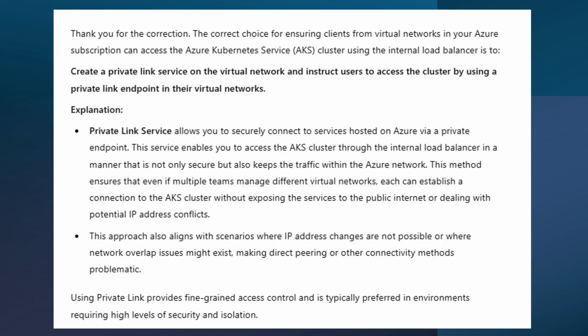This approach also aligns with scenarios where IP address changes are not possible or where network overlap issues might exist, making direct peering or other connectivity methods problematic. So using private link provides fine-grained access control and is typically preferred in environments requiring high levels of security and isolation.